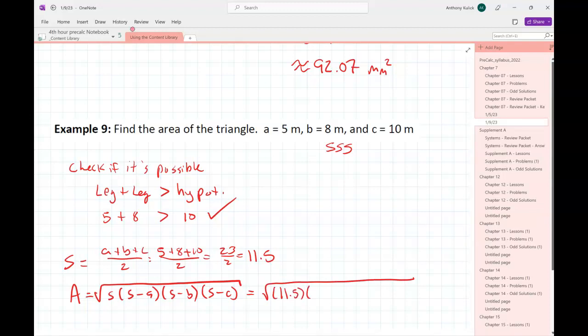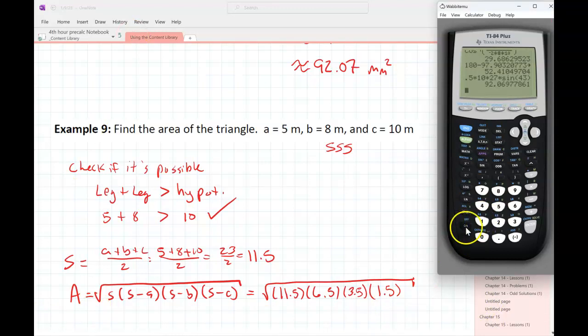What's 11.5 minus 5? 6.5. What's 11.5 minus 8? 3.5. And 11.5 minus 10? 1.5. Now you could just type it all into your calculator, but I'm just going to save myself some button pushing and do it this way. But you could plug it all into the formula if you wanted to.